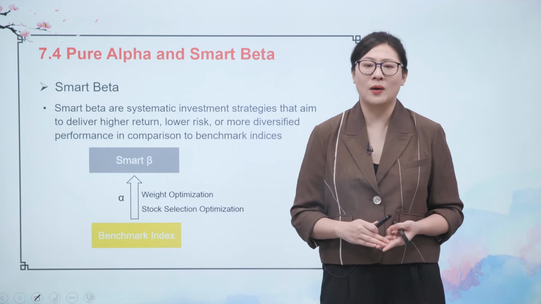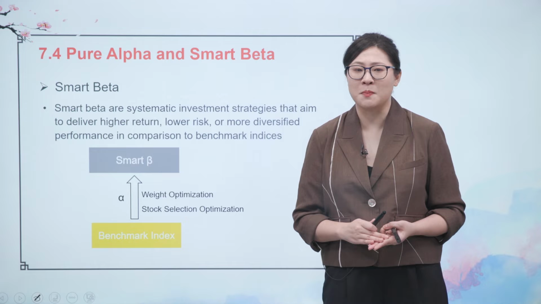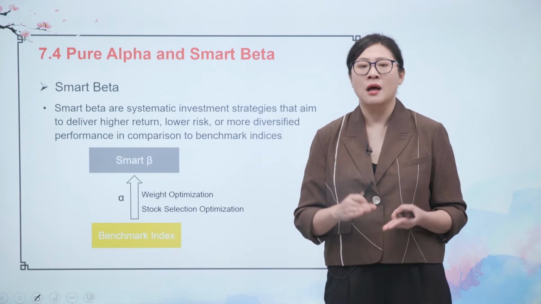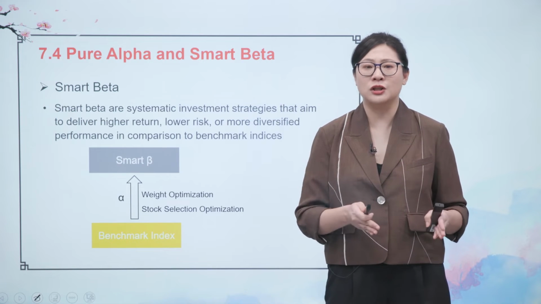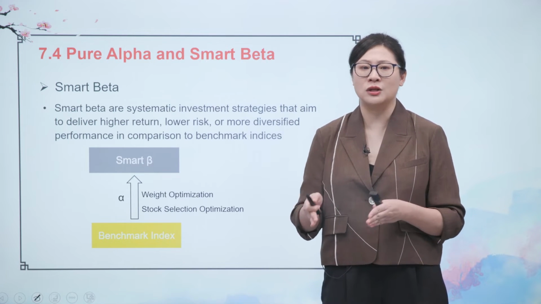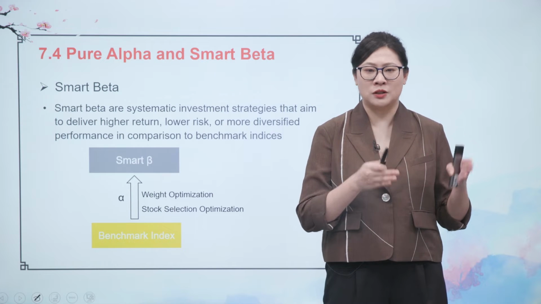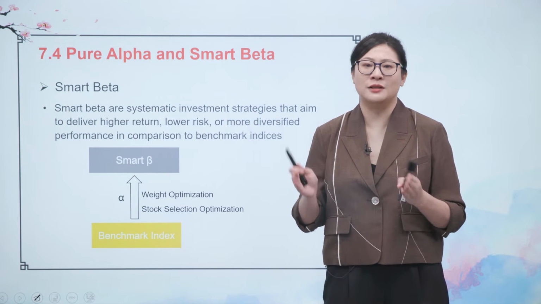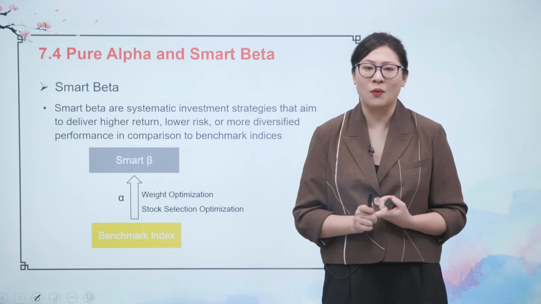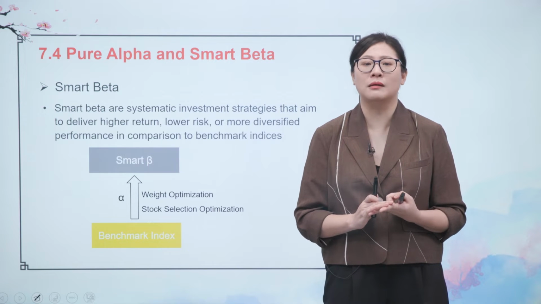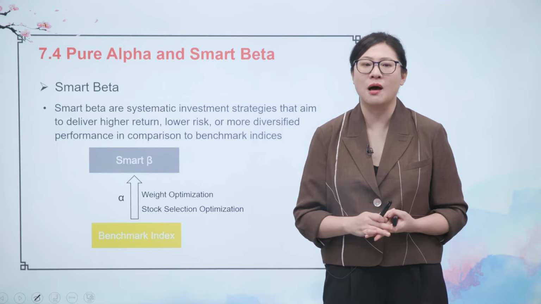And the third way to construct your smart beta index is to change the weight optimization and the stock selection optimization together. So change the weight and also change the composition of the stocks.